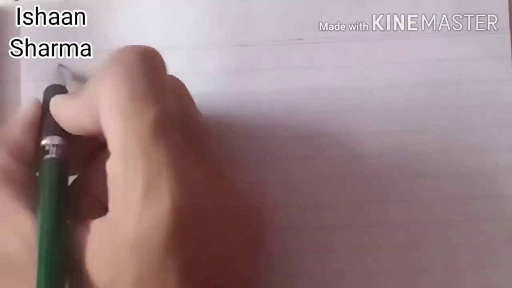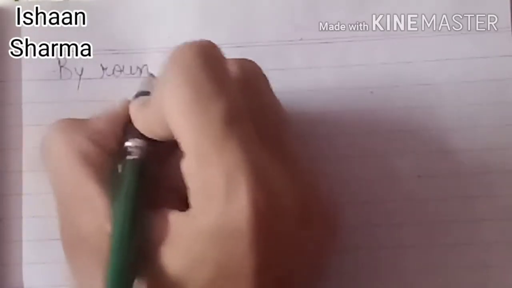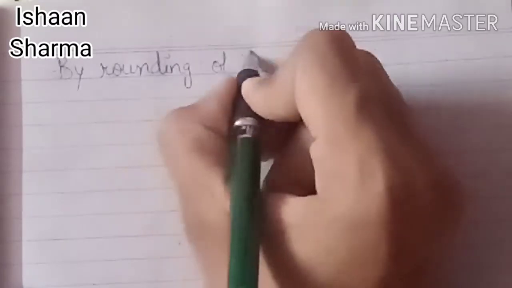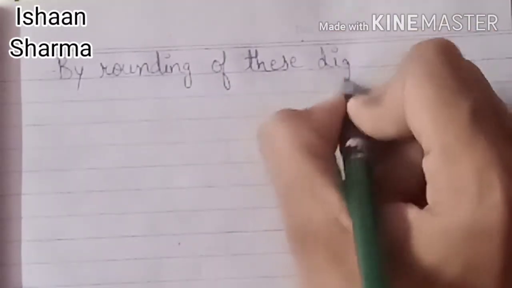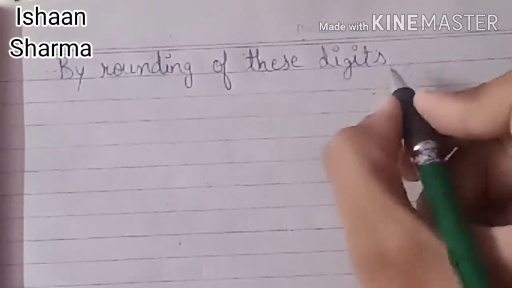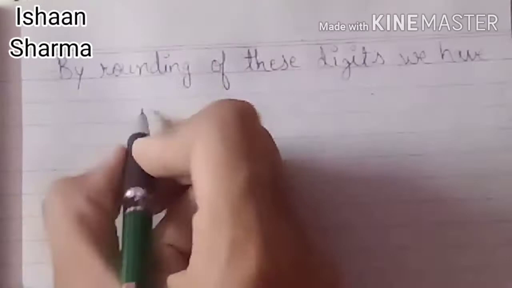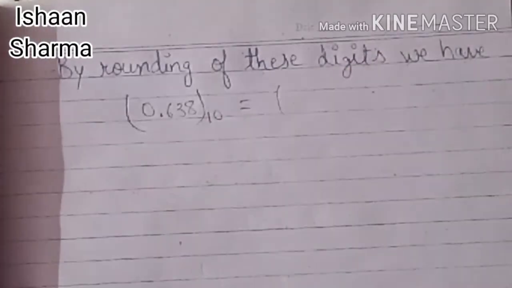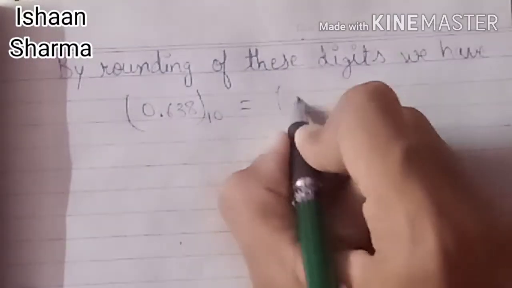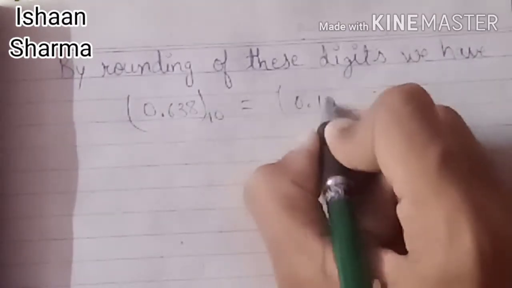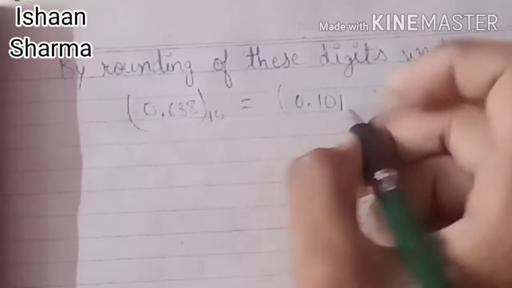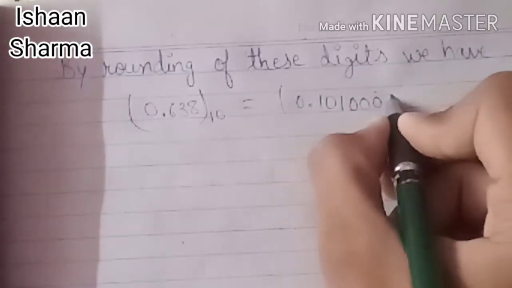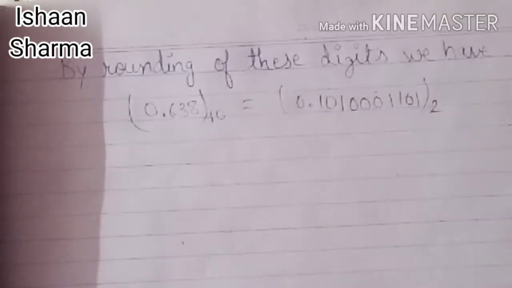By rounding off these digits we have 0.638 with base 10 equal to 0.1010001101 with base 2.